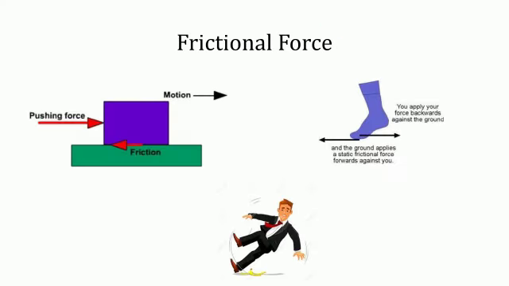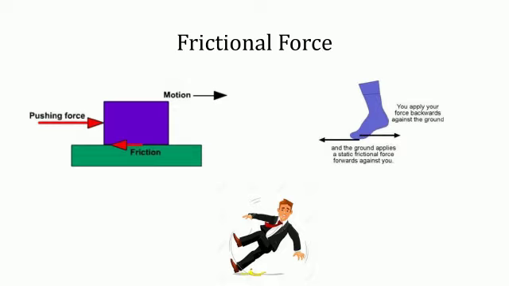Frictional force. When two surfaces are rubbed against each other, force of friction comes into play. Example, when a ball is kept on a table and pushed a little, it moves ahead and gets slow and stops. Also, a car running on a plain road travels some distance and stops after the engine is switched off.